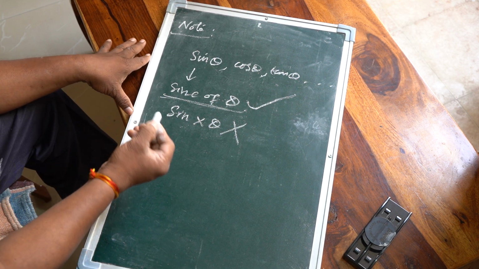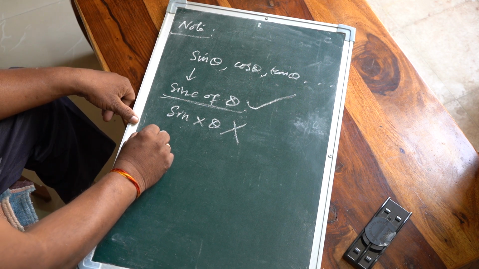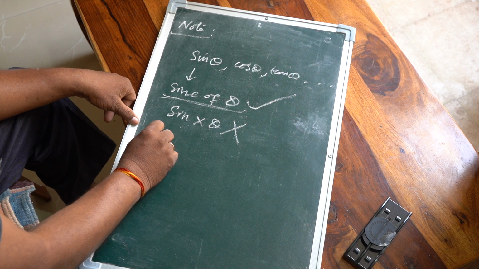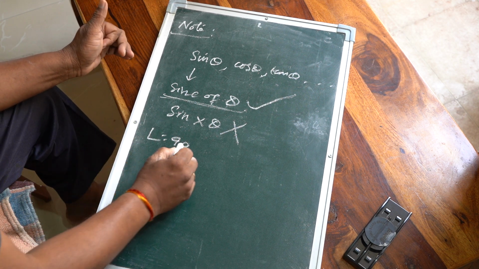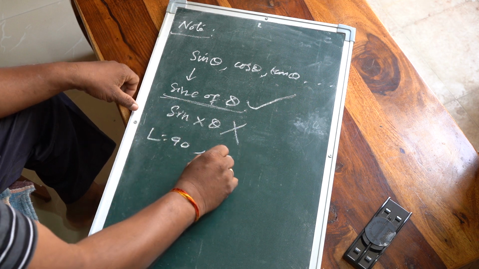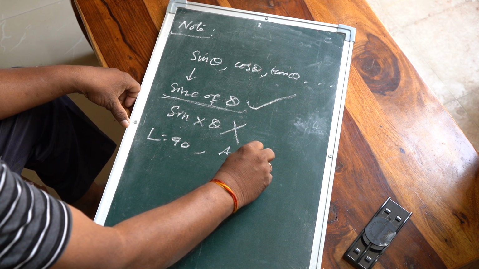Whenever you are going to use the Pythagoras theorem, one angle is 90 degrees, the perpendicular one, and the remaining two angles are acute angles.